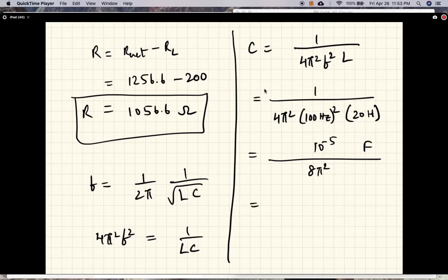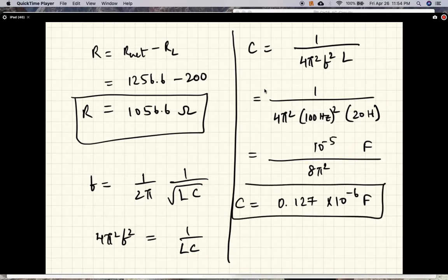Okay, so we'll write it as microfarads. 10 divided by 8 pi squared, that's 0.127 times 10 to the minus 6 farads.